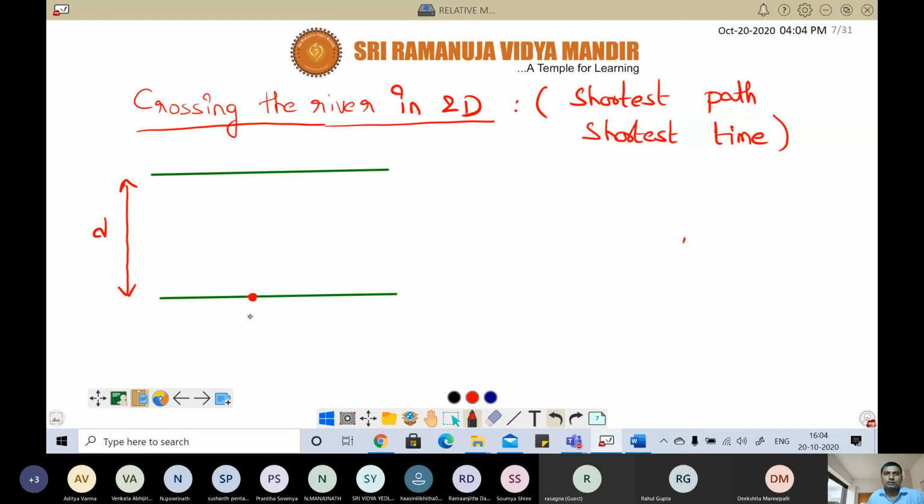Now a person starts swimming from the starting point A. The exactly opposite point is B.